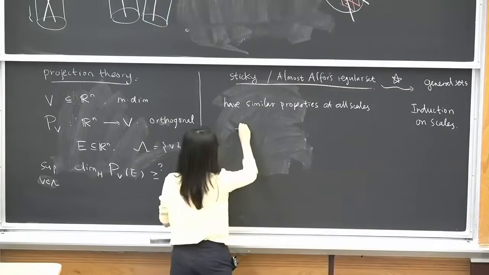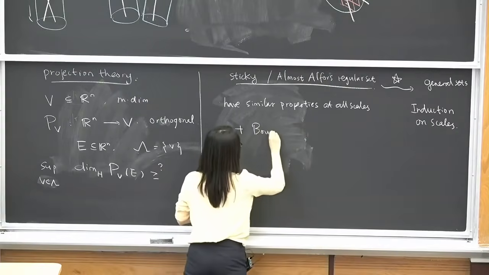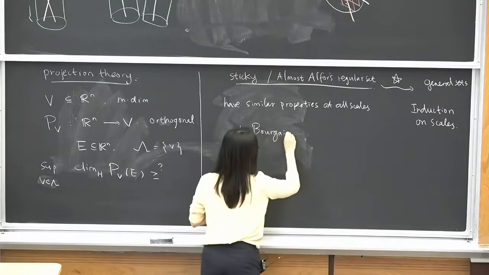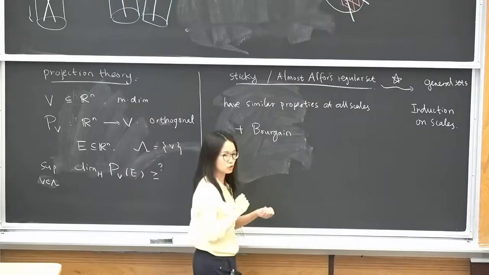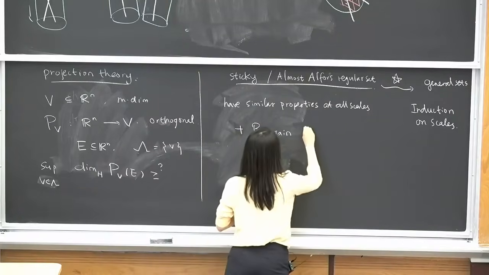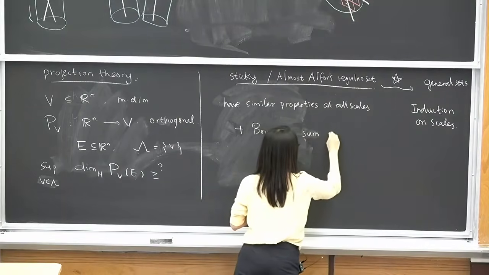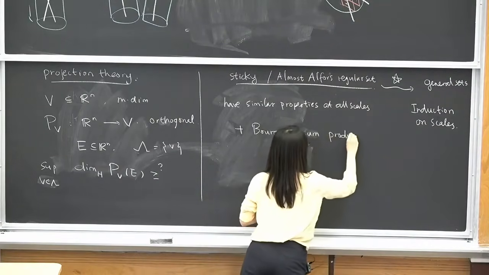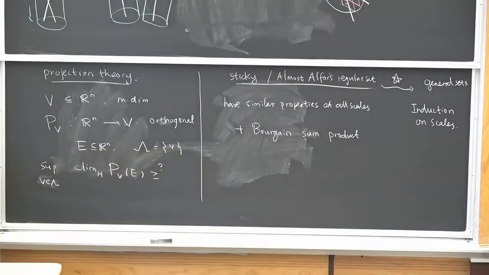Working within the sticky set class is useful because it's more rigid, so it's easier to draw some sort of contradiction and apply Bourgain's discretized sum product.